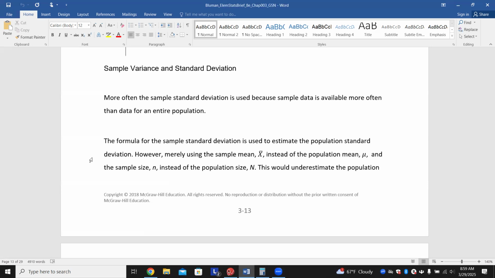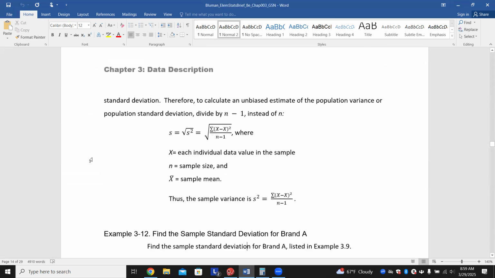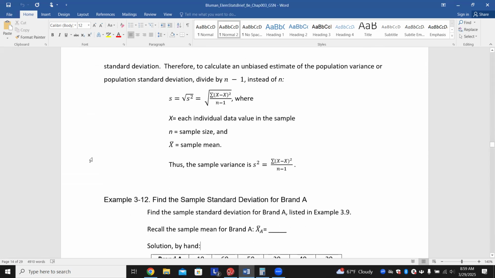However, merely using the sample mean, x bar, instead of the population mean, mu, and the sample size, lowercase n, instead of the population size, capital N, would underestimate the population standard deviation. Therefore, to calculate an unbiased estimate of the population variance or population standard deviation, we're going to divide by n minus 1 to hopefully give us a more accurate reading.